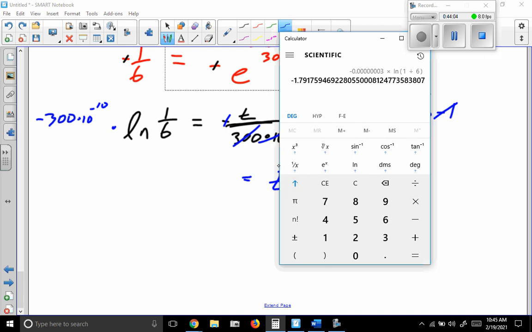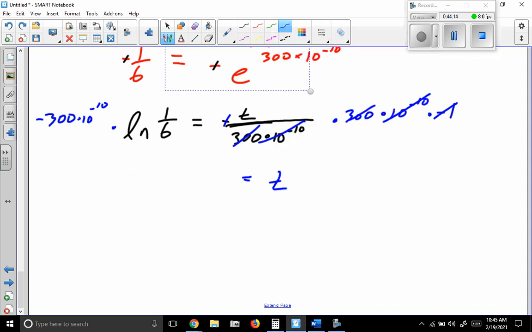So this is what we have out front, times natural log of 1/6, and we get 5.38 times 10 to the negative 8, and that's in seconds.